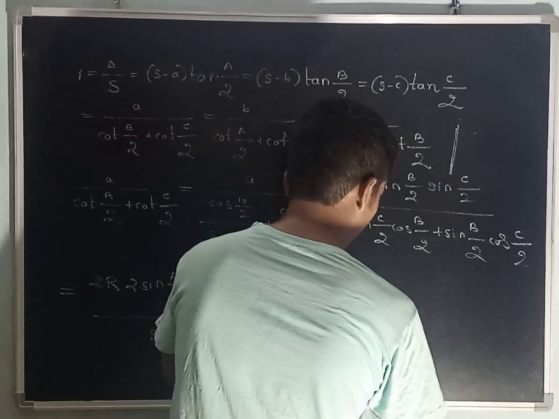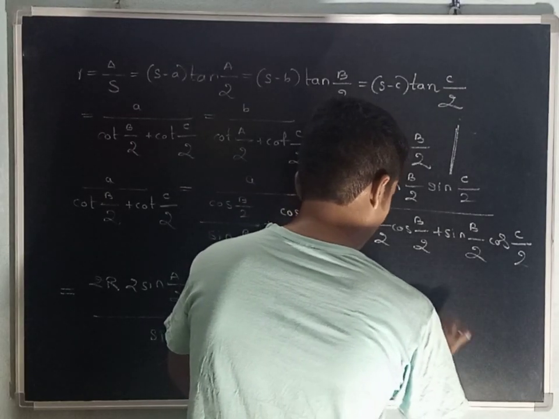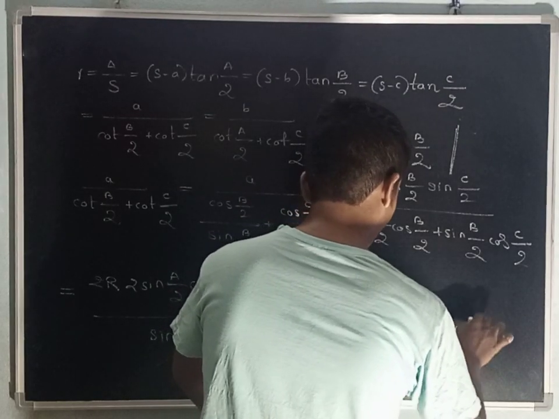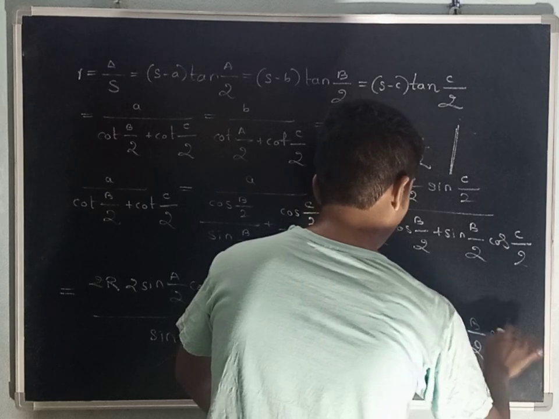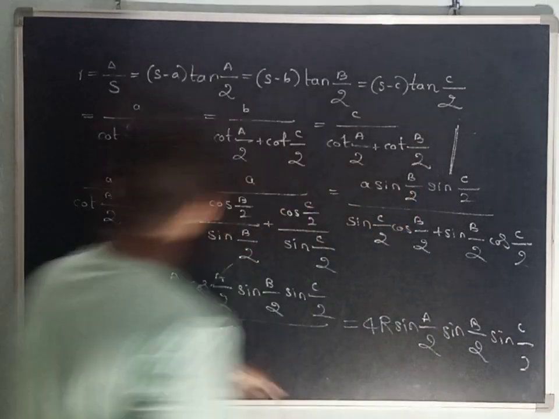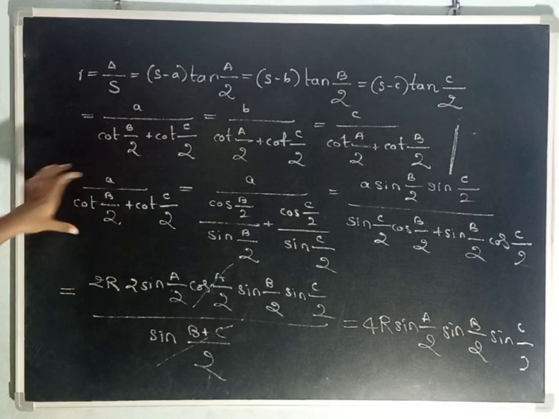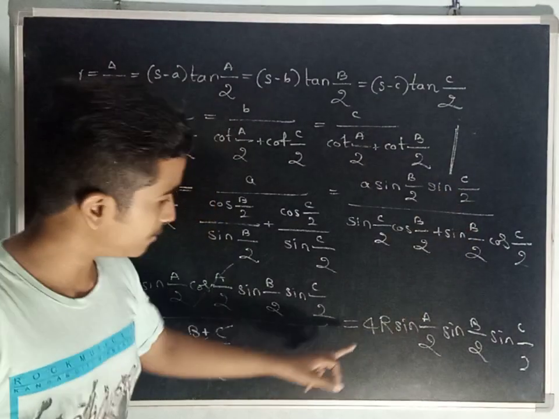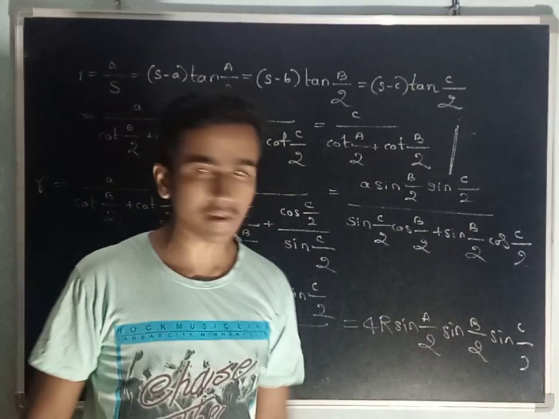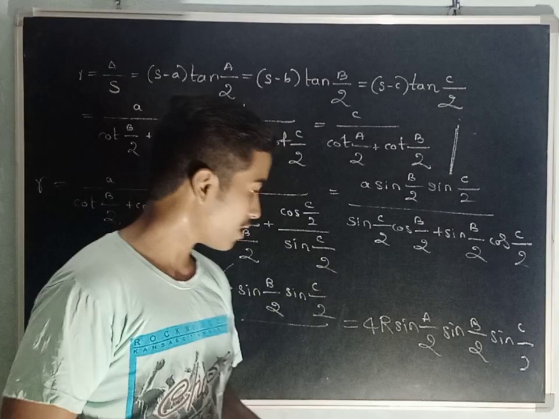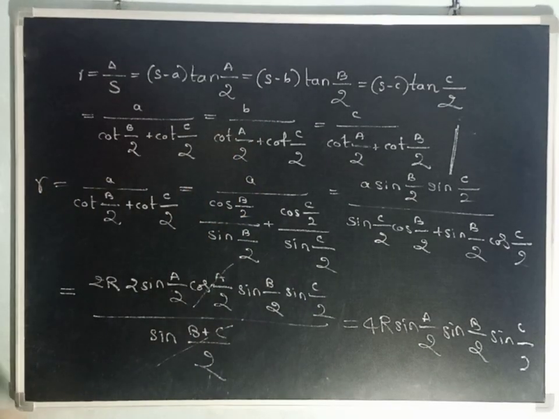Finally, it is going to be 4R sin A/2 sin B/2 sin C/2. This is nothing but the radius of the incircle. Finally we got r = 4R sin A/2 sin B/2 sin C/2. This is our another new formula. This is how we can simplify it.